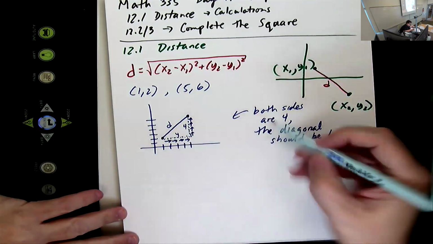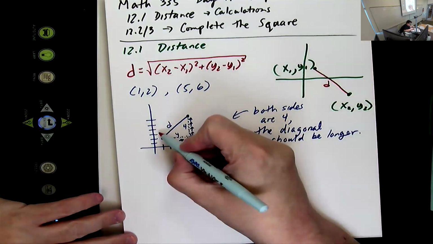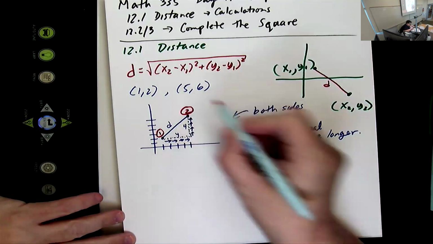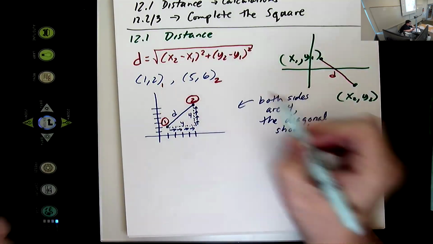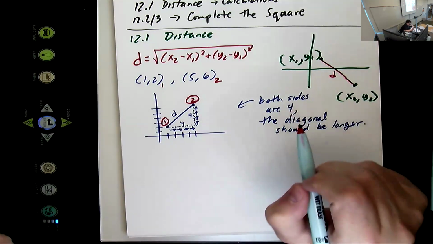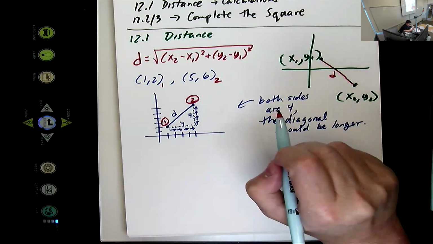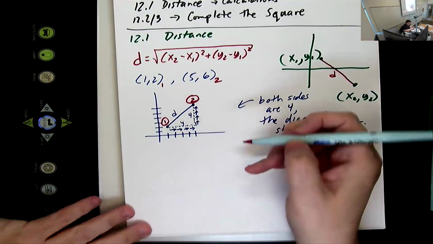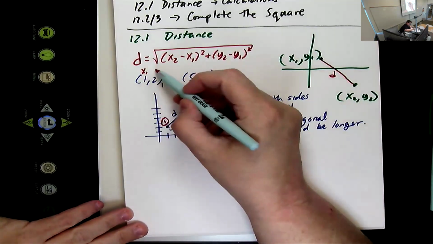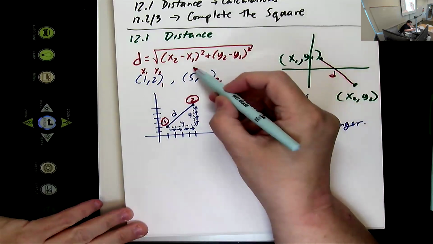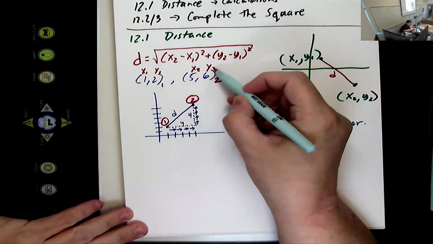So we can call this 1.1, we can call this 1.2. So that's 1 and this is 2. That makes this x1 and this is y1, x2 and y2.